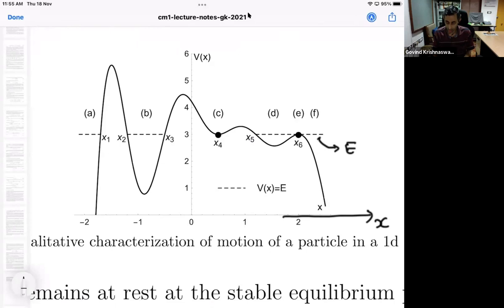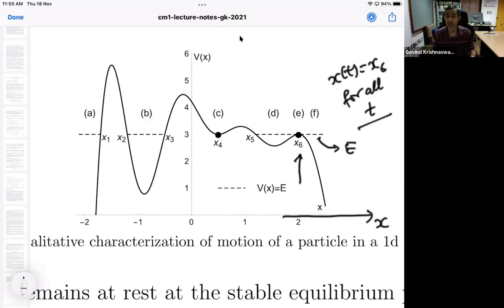We observed last time that x6 is an unstable static solution where x as a function of time is equal to x6 for all t. So that is a solution of the equations of motion. And why is it a solution of the equations of motion?